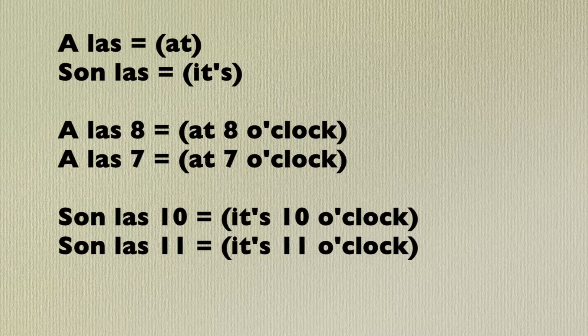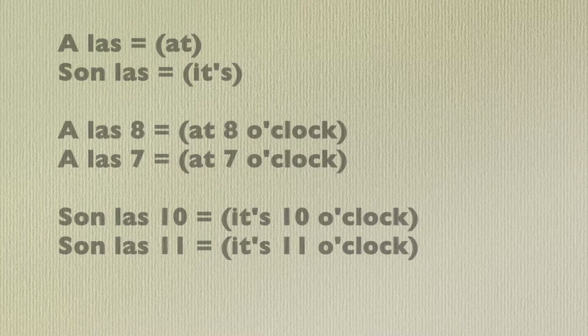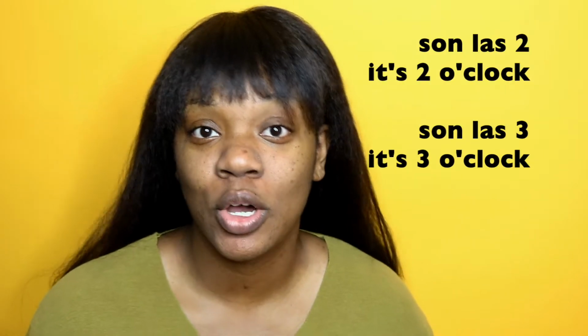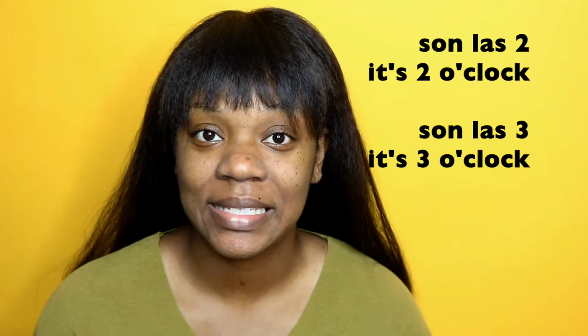Let's practice a little bit using that. I'm going to ask you in English and I want you all to respond out loud in Spanish, okay? So let's say, Jessica, what time is it? Just make up a number because you want to practice. So you can say son las 2, son las 3. It's 3 o'clock.